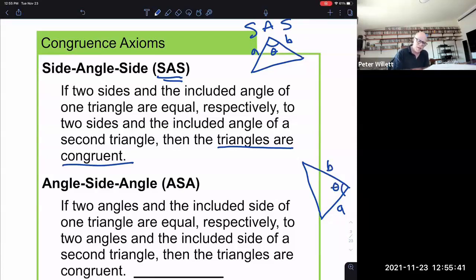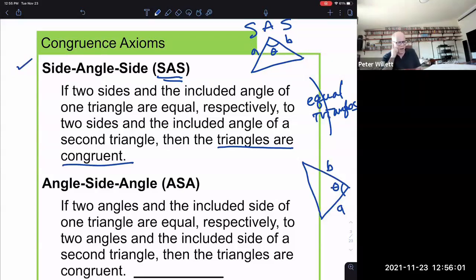If they have the same side, angle, side, then the triangles are equal triangles, called congruent. That's what this axiom is telling us. And we'll see examples of how to use that in the coming problems.